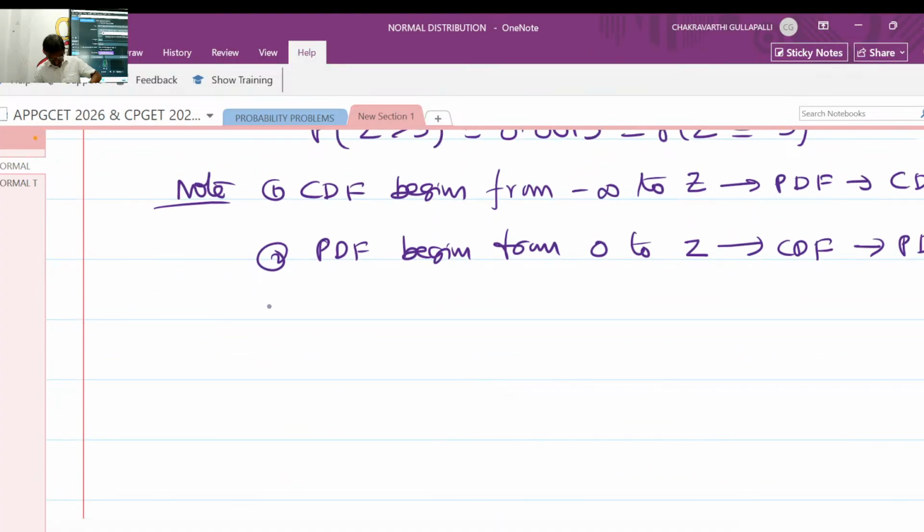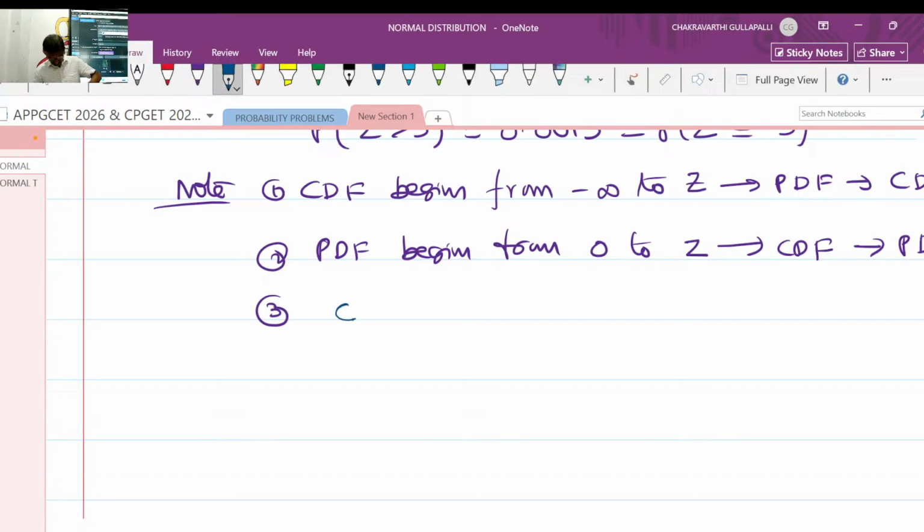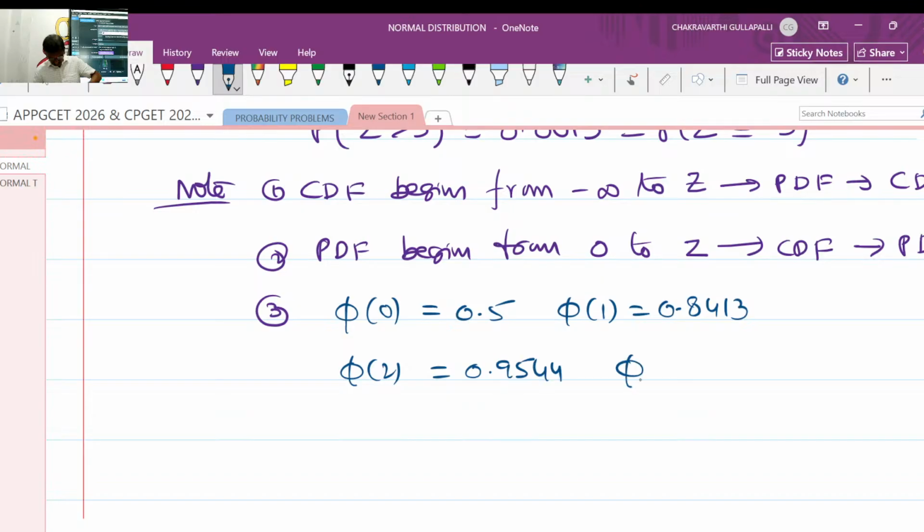Here, listing from note 3, always before taking the problems: phi of 0 value is 0.5, phi of 1 value is 0.8413, phi of 2 value is 0.9544, phi of 3 value is 0.9974. Similarly, phi of minus 1 is 0.1587, the complement of phi of 1, obtained by subtracting from 1.